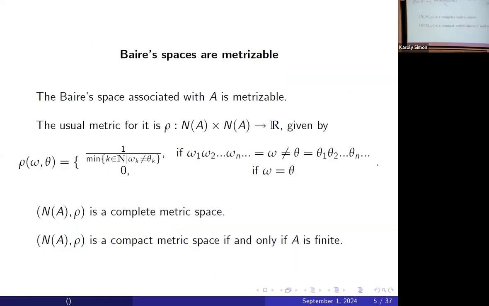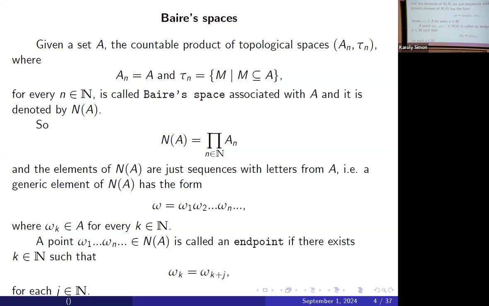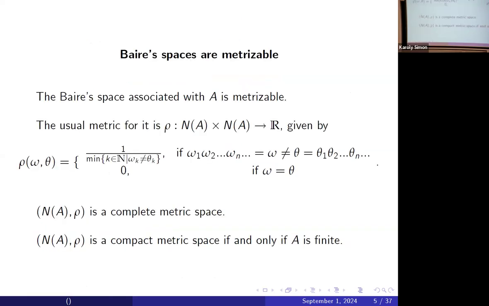All right. So N^A is a topological space, but actually the topology comes from a metric, which is denoted by rho here. The metric is described in the following way. The distance between omega and theta is 0 if omega equals theta, but otherwise it is 1 over the minimum of those k such that omega_k is different from theta_k. So the longer the initial segment on which omega and theta coincide, the smaller the distance between omega and theta.